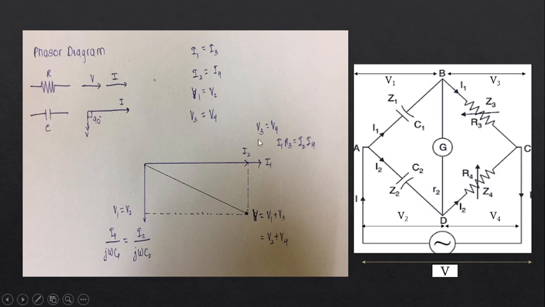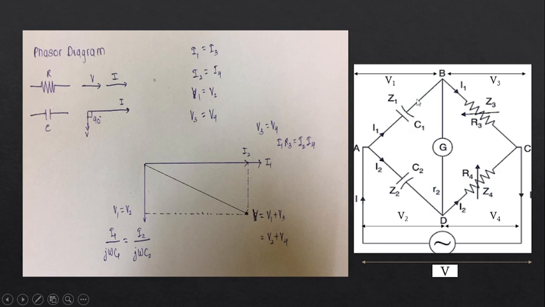For the phasor diagram, we first need to keep a reference. So we will keep I1 as the reference line. As you can see, I1 flows through the capacitor C1.